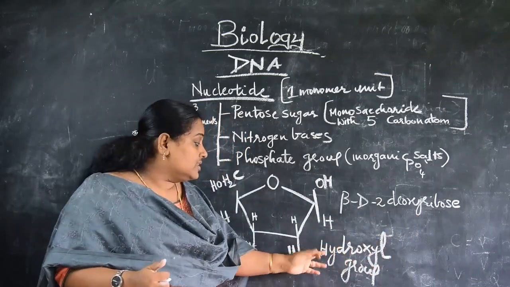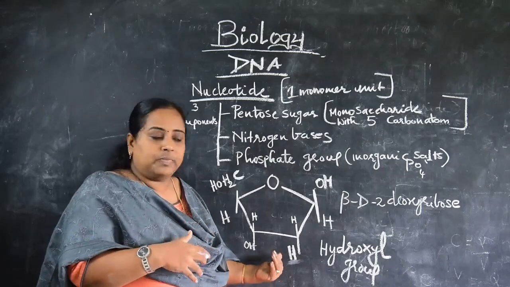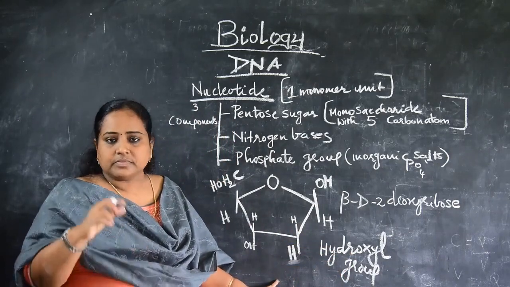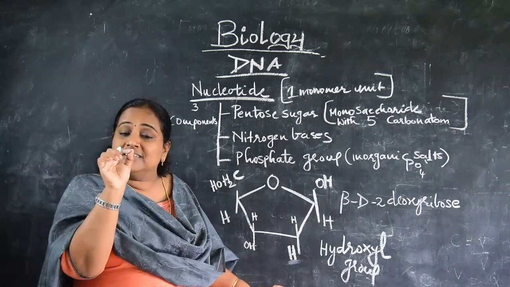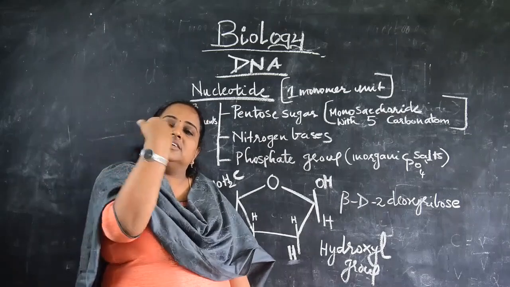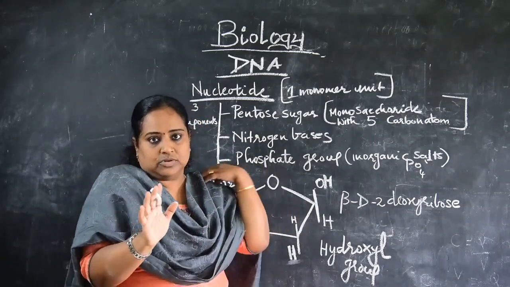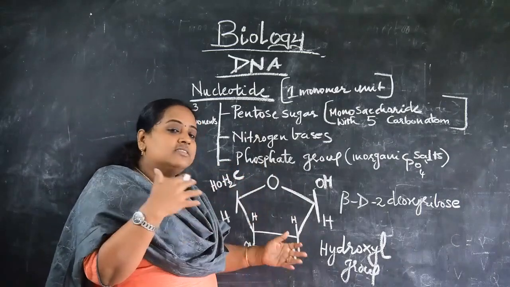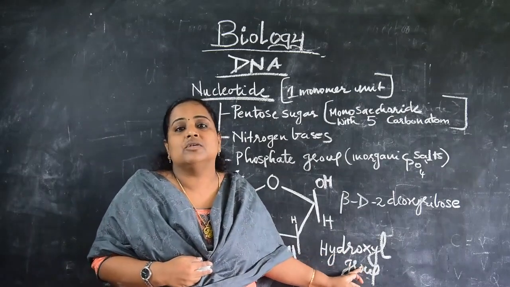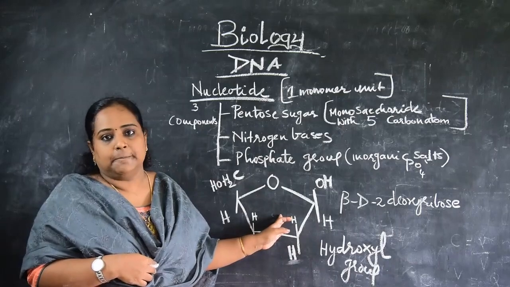Why? Because the OH group is replaced by an H. The O is removed. That is why it is deoxy. Deoxy means oxygen removed. So the oxygen has been removed, and that OH group has been converted to an H. So this is the structure of the pentose sugar in DNA.